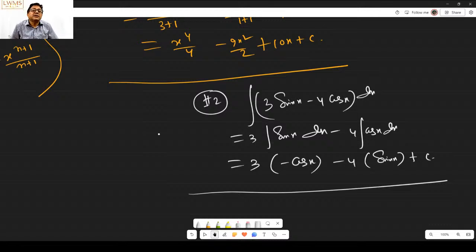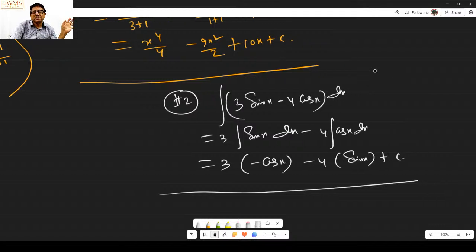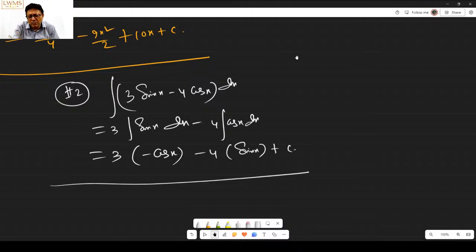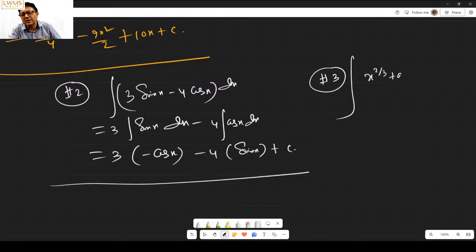So this is integration of sum of 2 or more functions. You will be able to do all these kinds of sums. Just one more sum I am discussing with you. Say an integrand given in this manner, x to the power 2/3 plus a to the power 2/3 whole cube. Can you tell me how to integrate this?